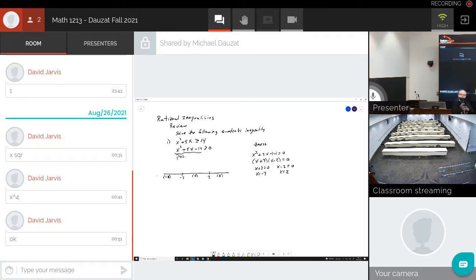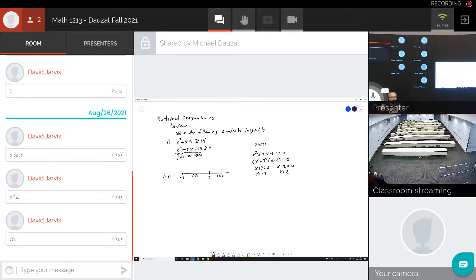But there's an equal sign. So I want the value of x to make it positive, or it could equal to what? 0, because of the equal sign. So positive or 0. All right. So in these cases there are going to be an infinite number of solutions. But right away, I know 2 of the solutions. Your zeros, right?